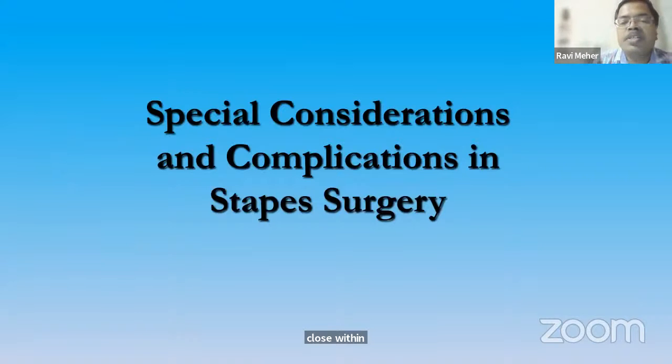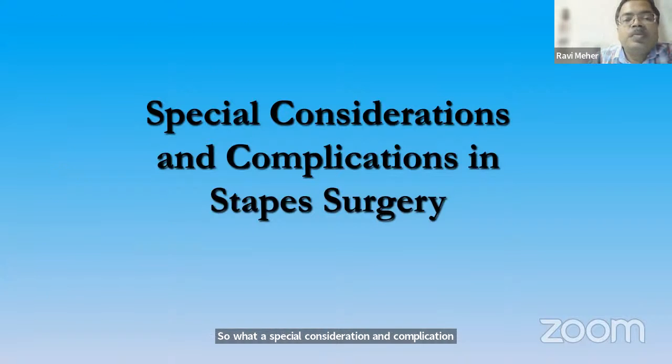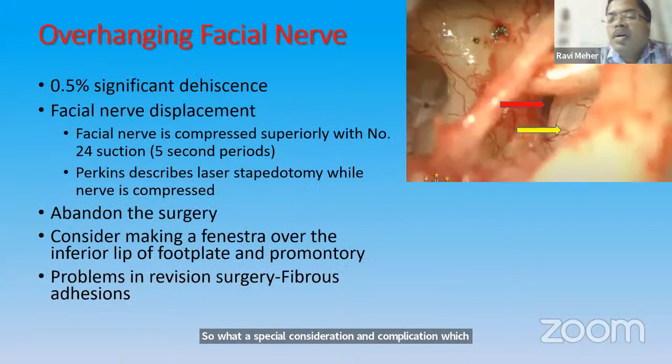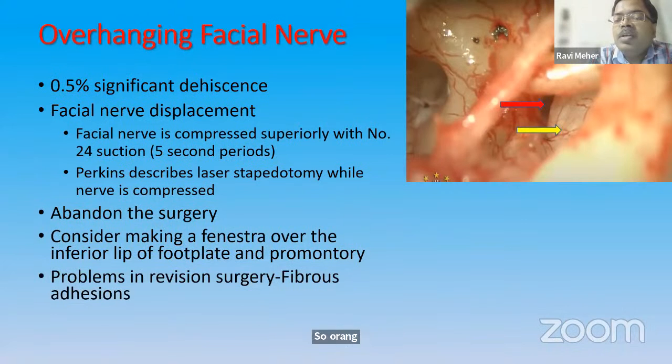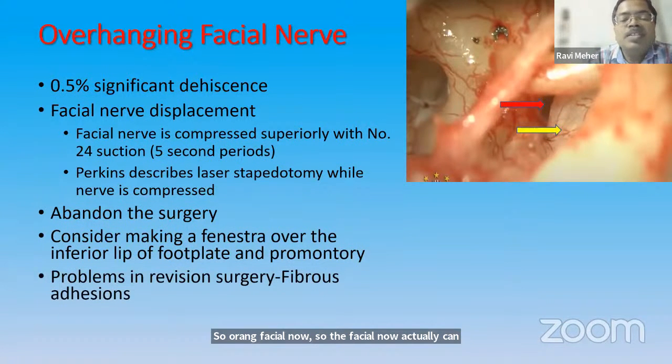So what are the special considerations and complications which can occur during surgery? Overhanging facial nerve. The facial nerve can overhang and occlude the footplate area. If it occludes the footplate area, you will not be able to perform stapedotomy and put the piston, right? And in 0.5% of patients, you can have a significant descent and prolapse of the facial nerve.